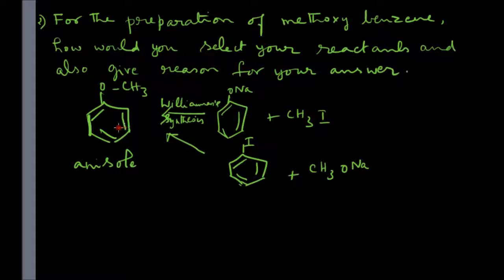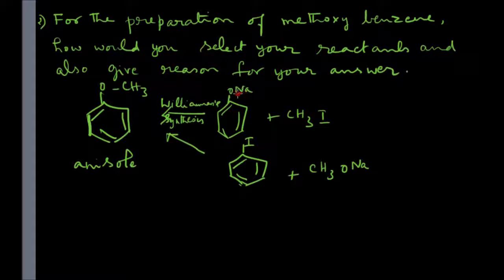If we have to get methoxybenzene from this set of compounds, I have to break the bond between C and I here and O and Na here. Breaking the C-I bond is simple enough, you know, it can readily be broken. Here, O-Na also does not pose much of a problem.